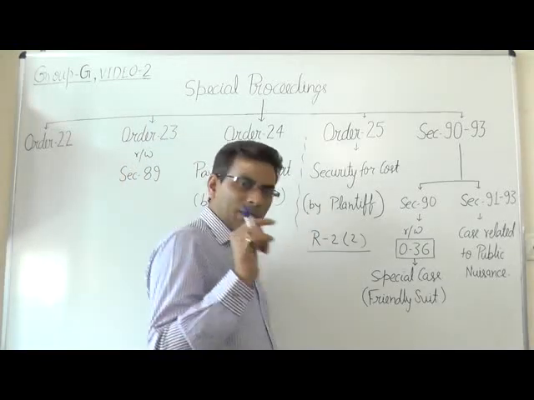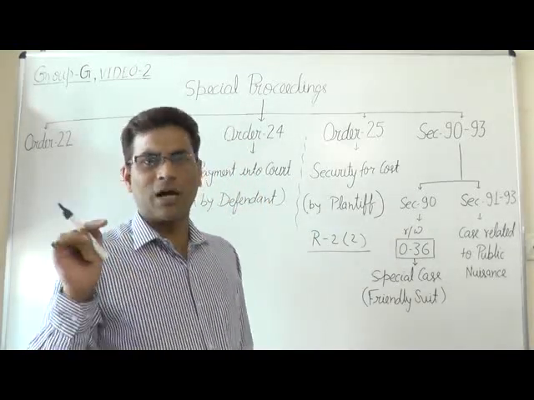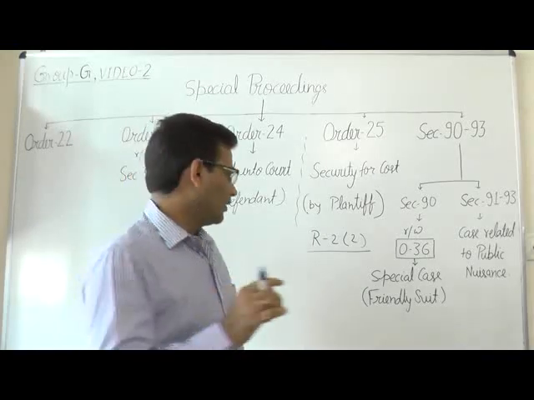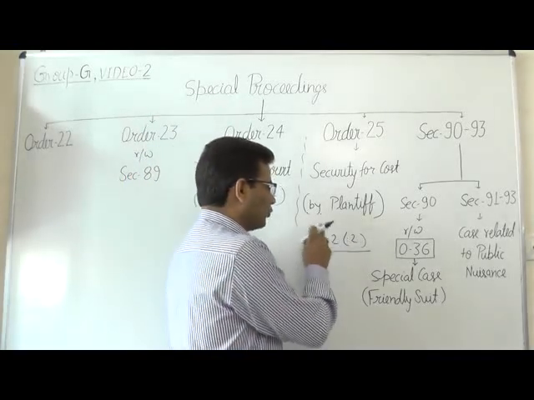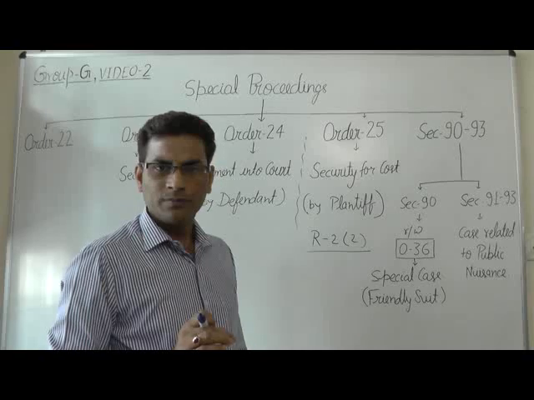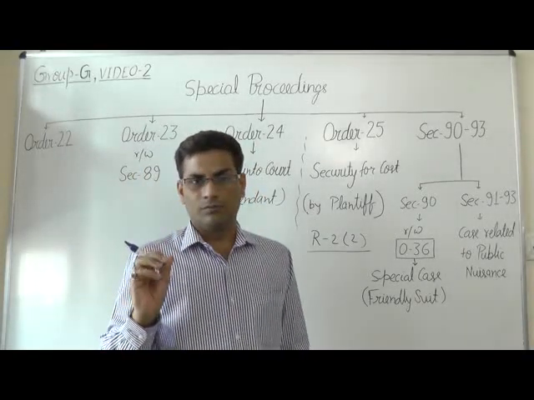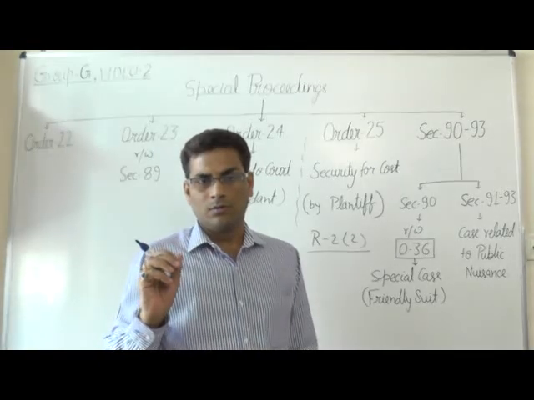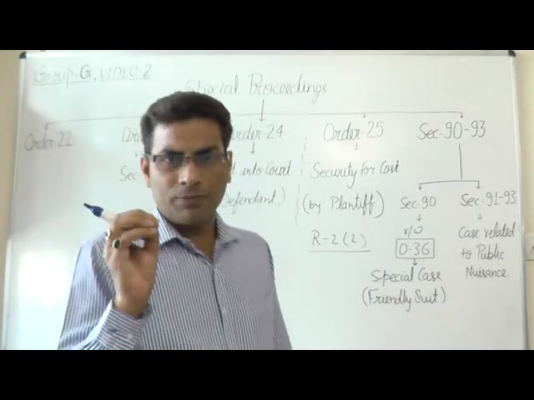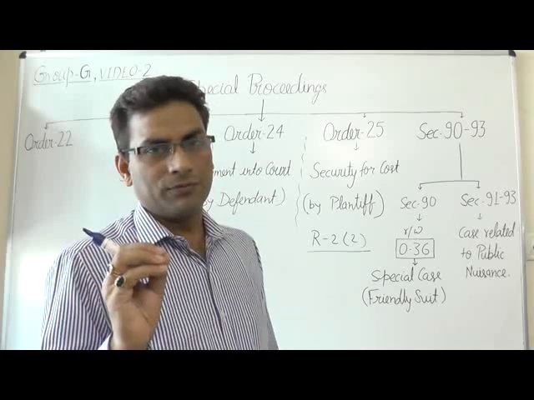Then the plaintiff makes an application for setting aside the dismissal of the suit under sub rule 2 of order 25, but the application of the plaintiff is rejected by the court. Then what kind of relief would be available to the plaintiff?